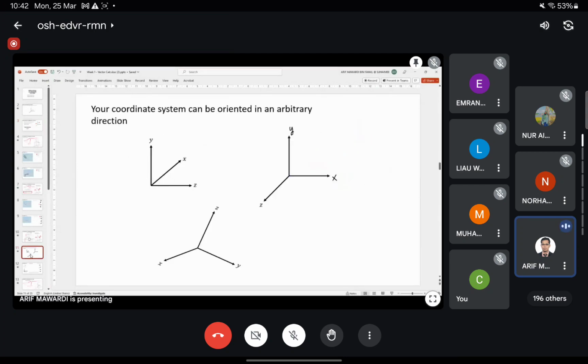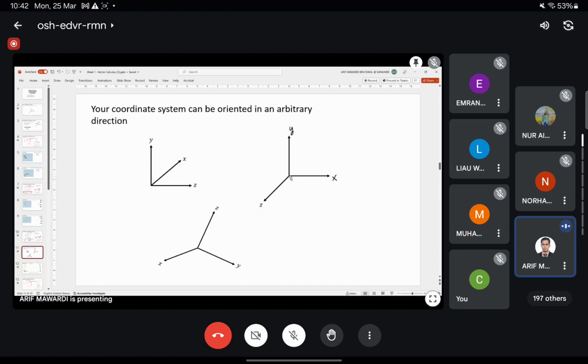But in actuality, we are free to put our coordinate system in any direction. So this is our coordinate system, and depending on the problem at hand, you can draw your coordinate system in any orientation.